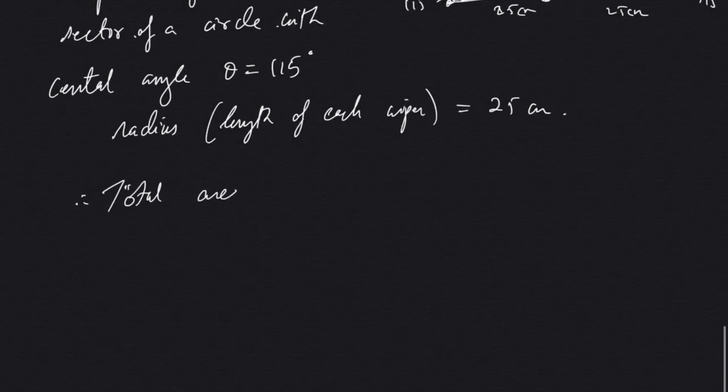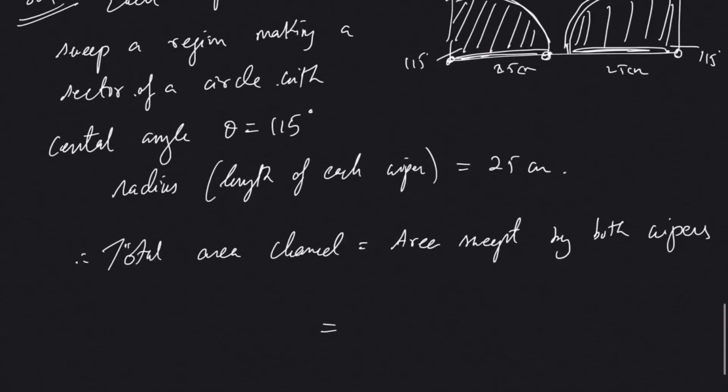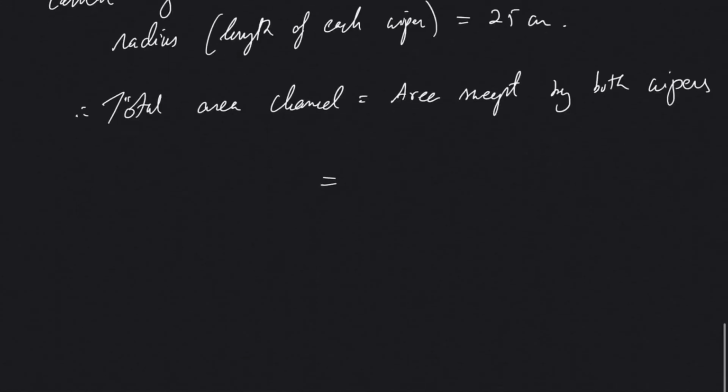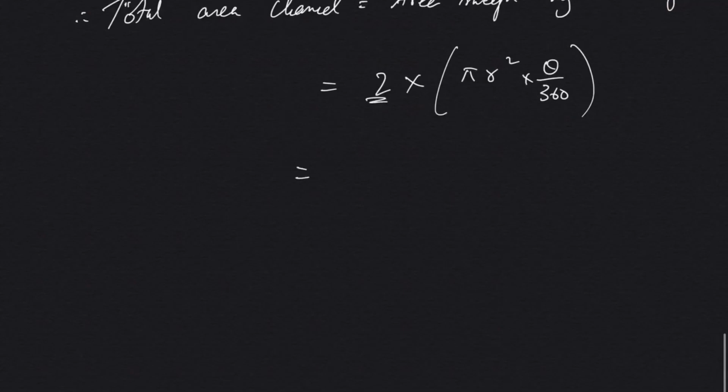So total area cleaned will be equal to area swept by both wipers. Since both the dimensions are the same for both the wipers, radius 25, here also radius 25, angle 115, here also angle 115, I'll just multiply it by 2, that is, pi r square into theta by 360, where 2 represents the twice for the 2 wipers instead of doing separately.